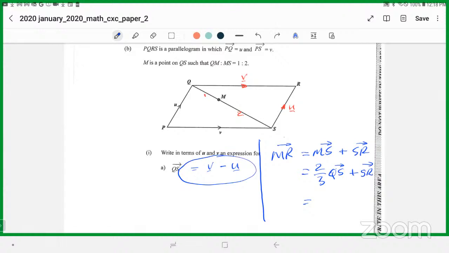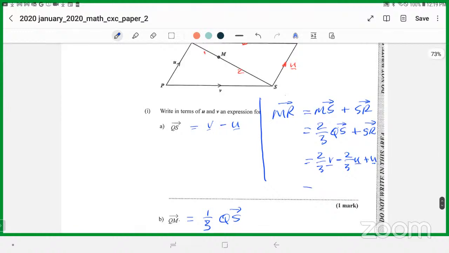We're just doing 2/3 of it now. So we're doing 2/3 of this and 2/3 of that. So it becomes 2/3 of the V minus 2/3 of the U. That's what 2/3 of QS is. And then we add back this SR, which is U.